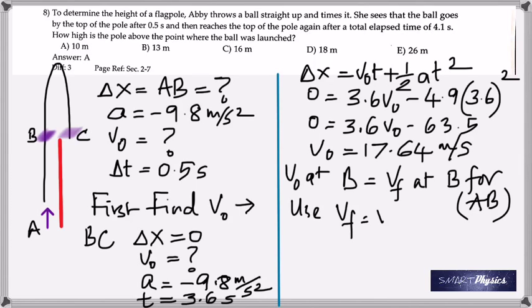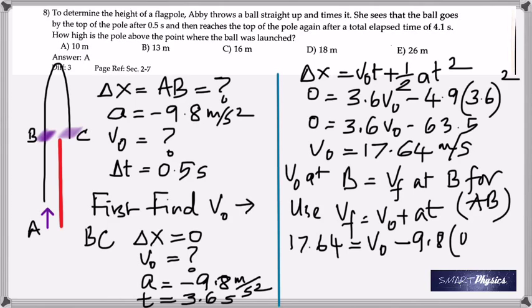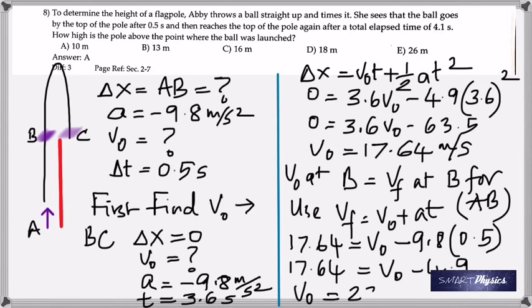Now we can use the equation: Vf is V naught plus AT. Remember, the final velocity of the path AB is 17.64. So V naught minus 9.8 times 0.5. From that you can find out the initial velocity at A, which you get as 22.54 meter per second.